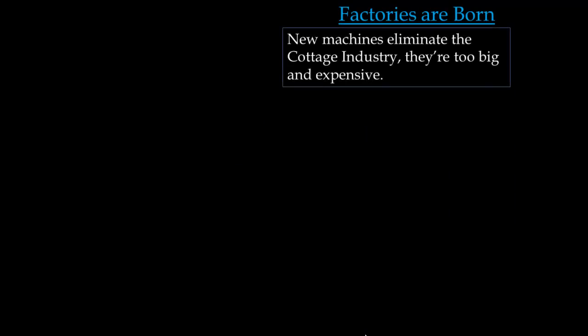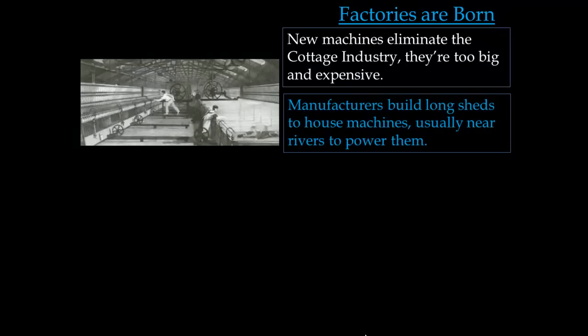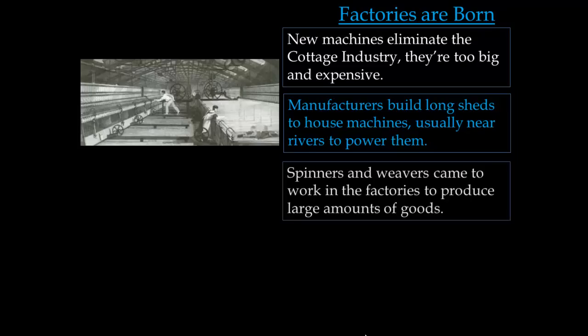The new machines that are being created pretty much eliminate the cottage industry, eliminate the peasant farmer, the peasants working in their home making cloth. The new machines are just too big and expensive. So manufacturers are going to build these very long sheds to house these machines, and they're usually near rivers because, like I said, many of the early machines use water power.